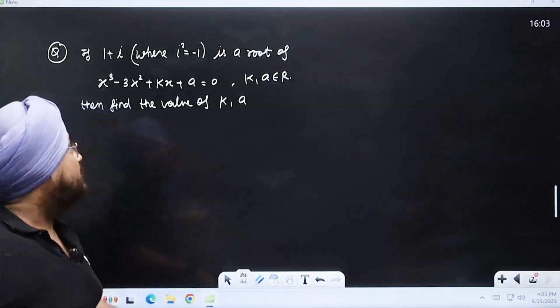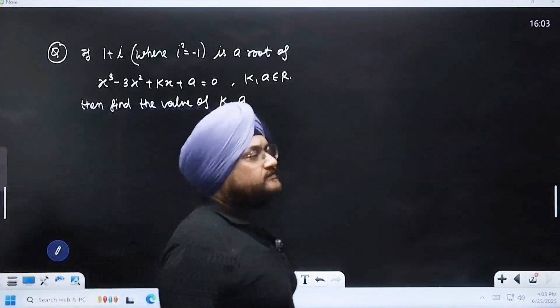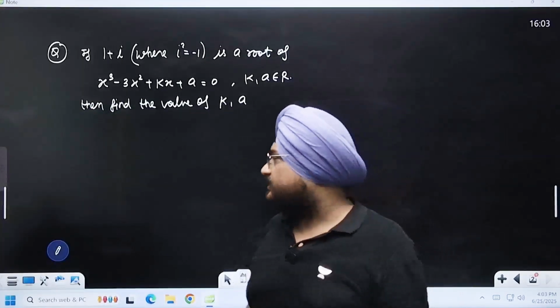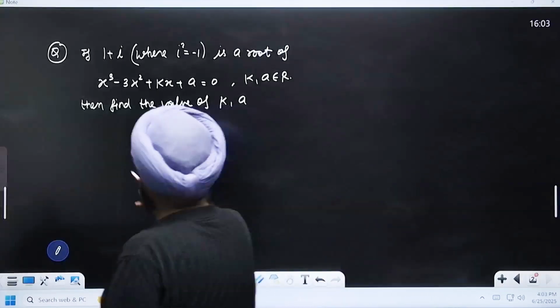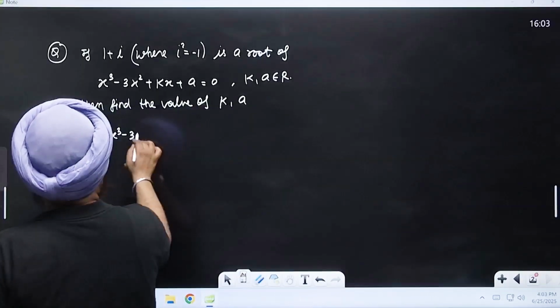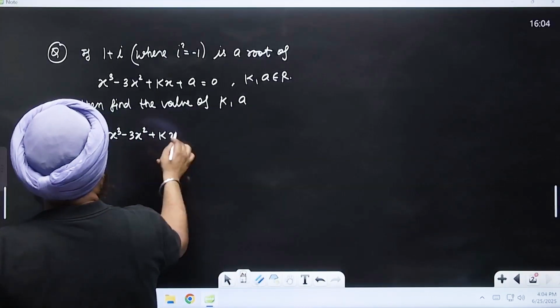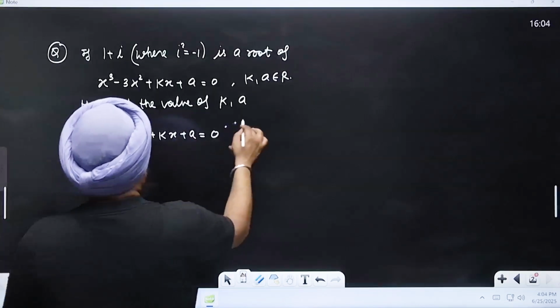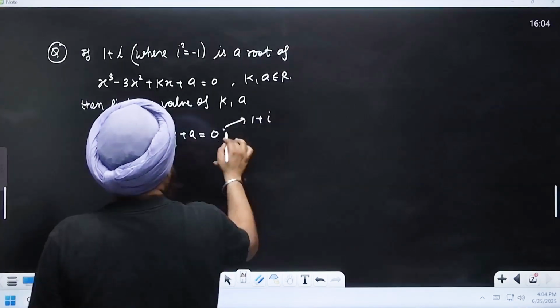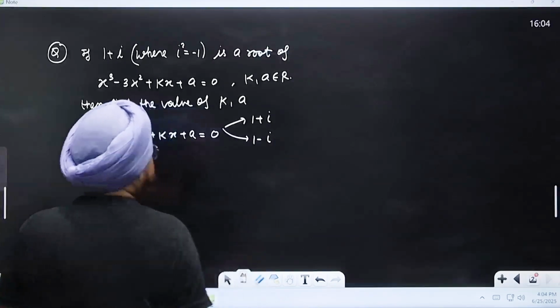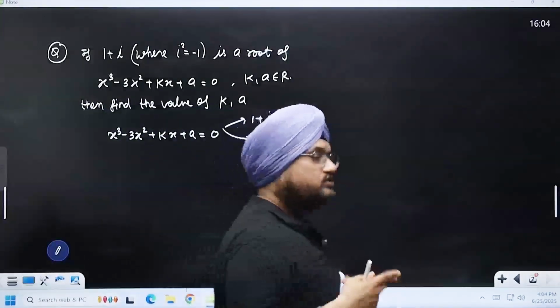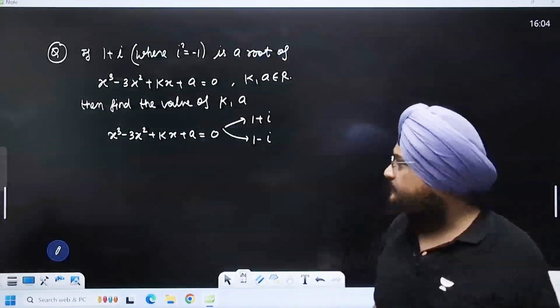Now, one non-real root, 1 plus i, is already given. So if 1 plus i is a root of this equation, then the other root will be 1 minus i. So two roots are fixed: 1 plus i and 1 minus i.